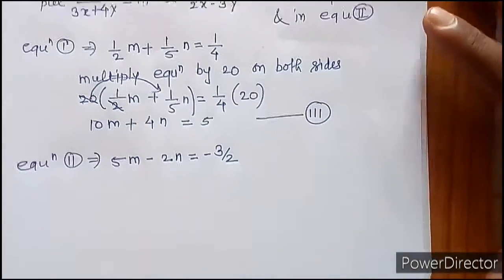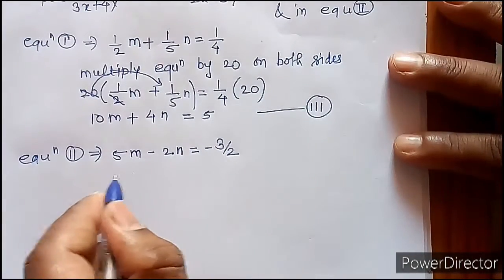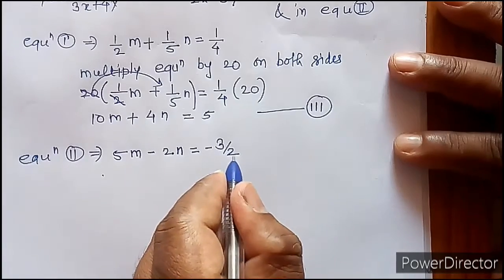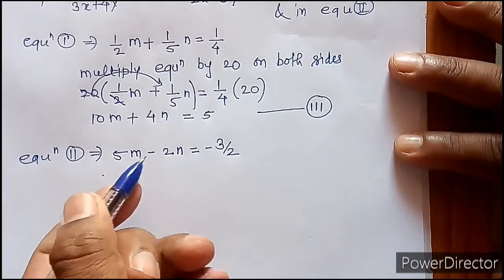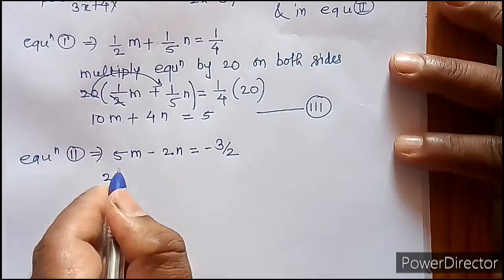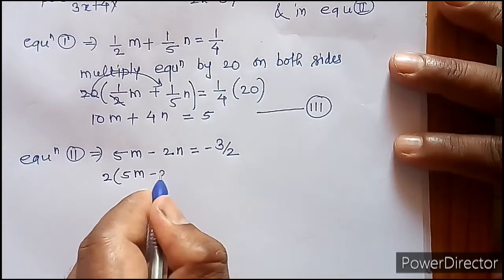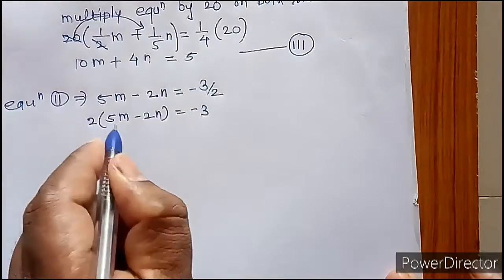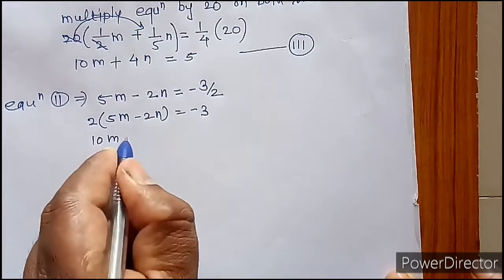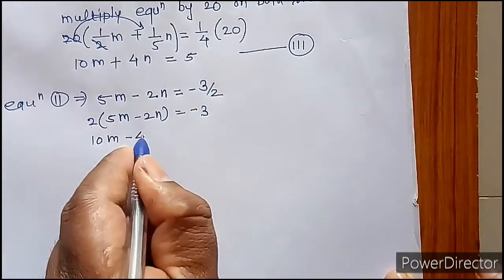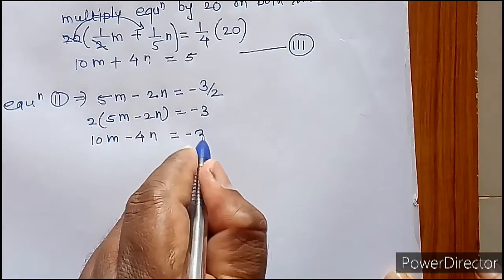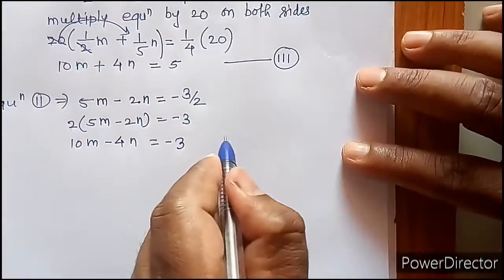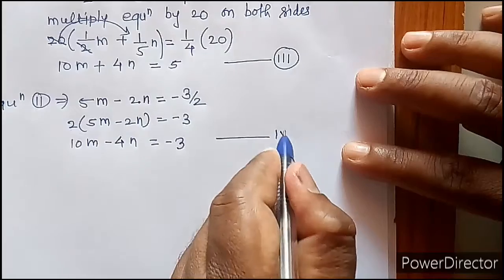Now on solving, this 2 is in the denominator, by shifting to the left hand side, it becomes 2 into (5m minus 2n) equals minus of 3. So 10 of m minus 4 of n equals minus of 3. This is equation number 4.